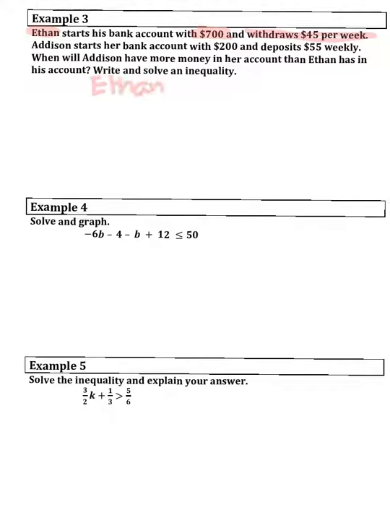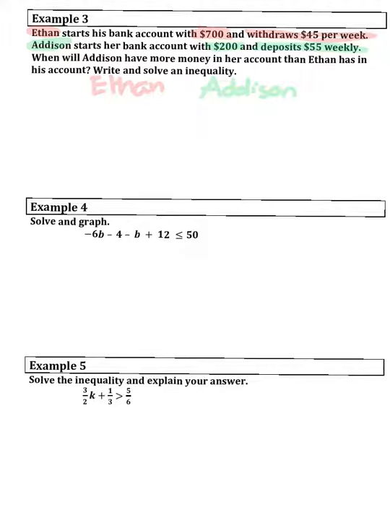Addison is the other person we're talking about, and Addison starts with $200 in her bank account and deposits $55 per week. I think it's helpful to write the names down to start because that will help me to choose my inequality symbol here.